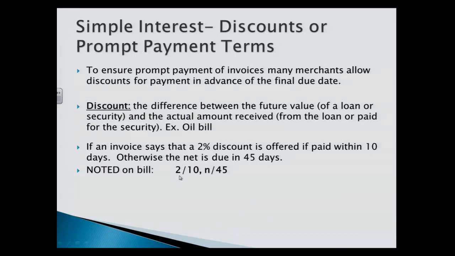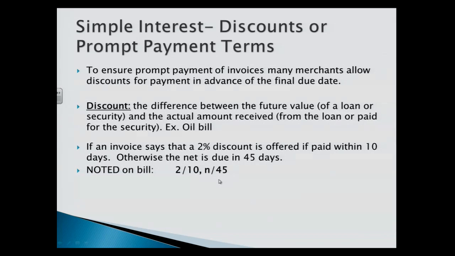This means if you pay it within the first 10 days, you get a 2% discount. If you do not, then you owe the bill within 45 days. You must pay that bill in 45 days.